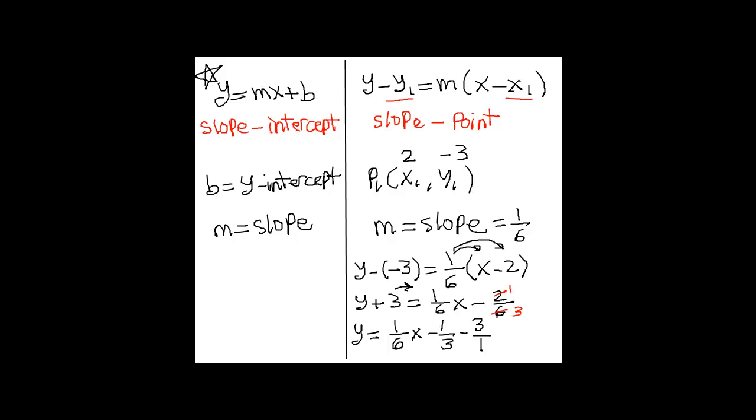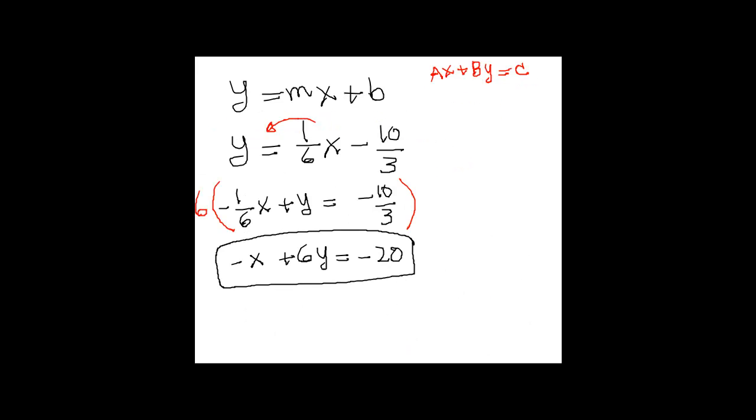LCD is 3, like the same calculation we did earlier, and you get y is equal to 1/6x minus 10/3. And if you remember, that's exactly what we got using slope-intercept.